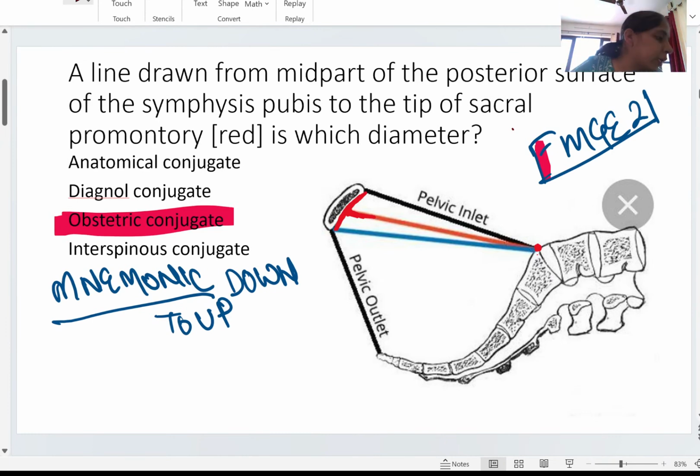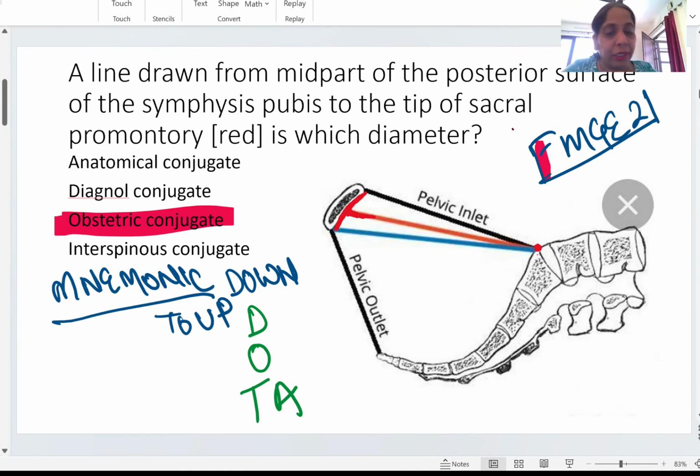What is the mnemonic? How will you remember? From down to up, it is DOTA. True conjugate means anatomical conjugate. So D stands for diagonal conjugate, O stands for obstetric conjugate, and T and A stand for true or anatomical conjugate.